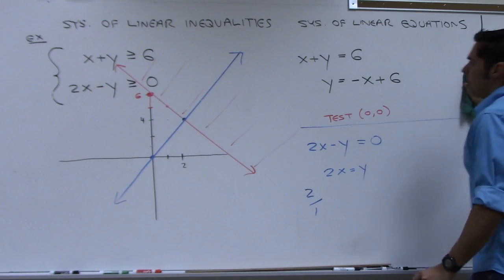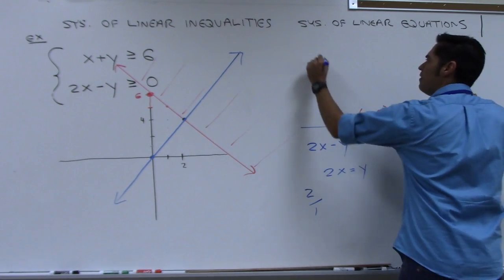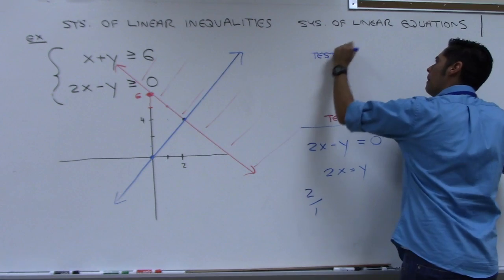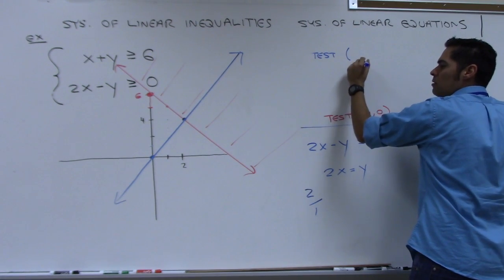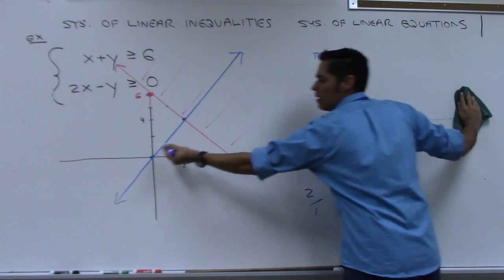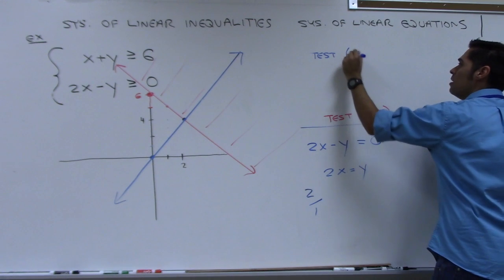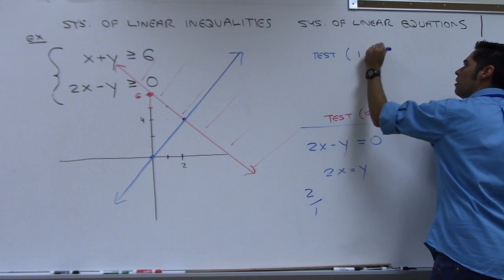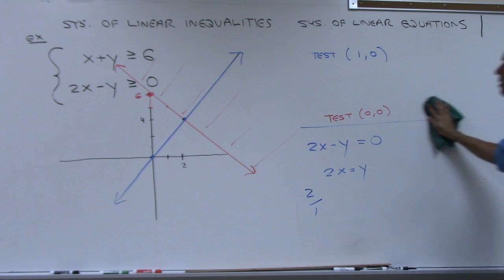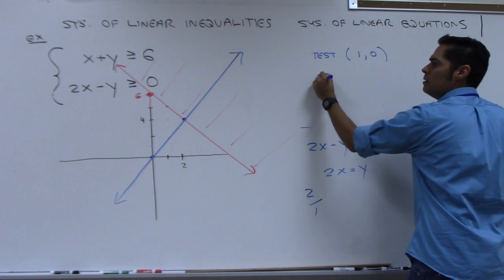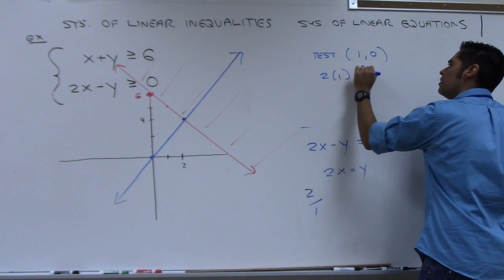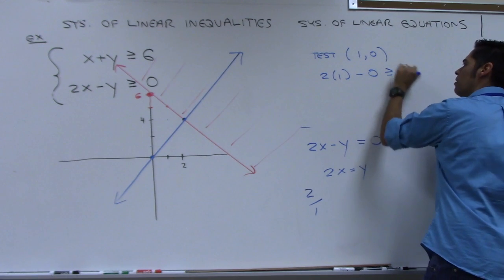All right, so what would be a safe point to test for this one? 2, 0? 1, 0? Could I do 0, 1? I could do that. I mean, we have a bunch of options. But I heard 1, 0. And I'm plugging that into the second one. 2 times 1 minus 0, is that greater than or equal to 0?